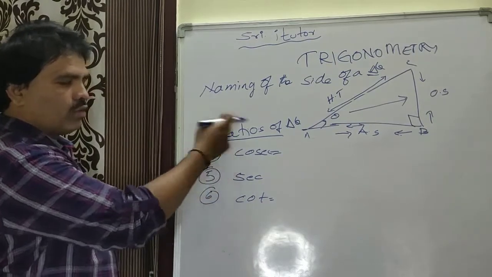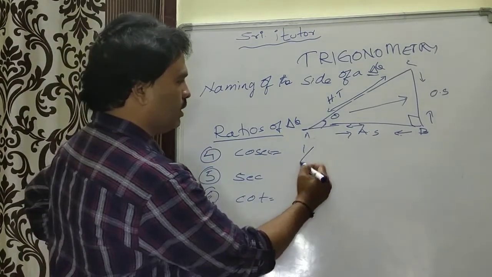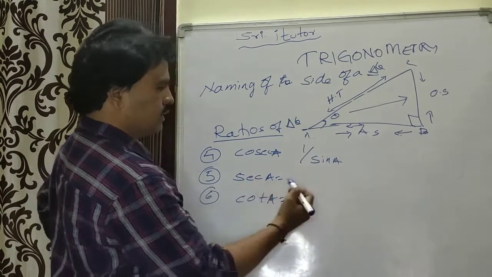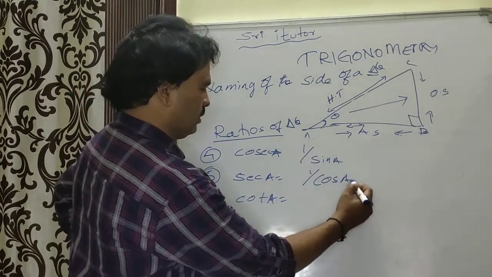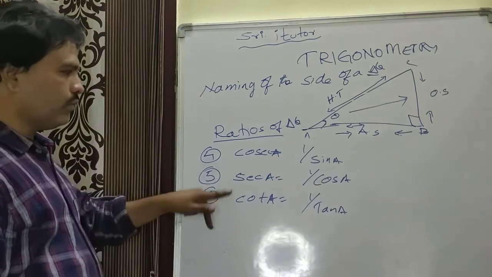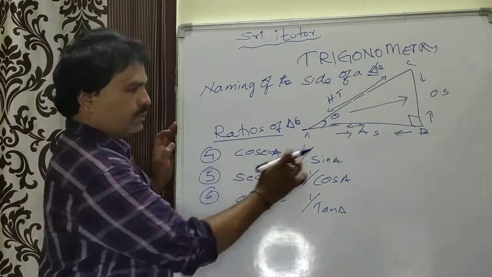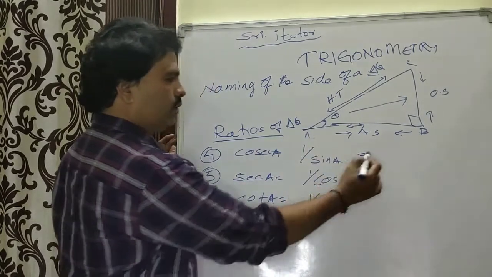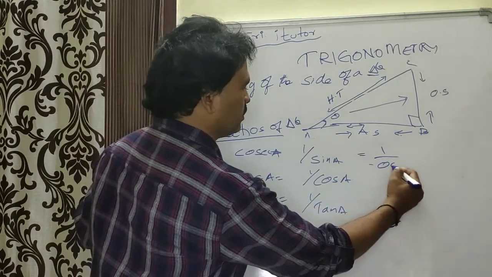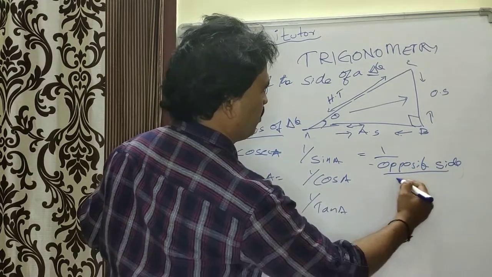We said the reverse of sin, cos, tan gives the remaining three ratios. Cosec A means 1 by sin A, sec A means 1 by cos A, and cot A is 1 by tan A. So cosec A means 1 by sin A. Sin A means opposite side by hypotenuse.